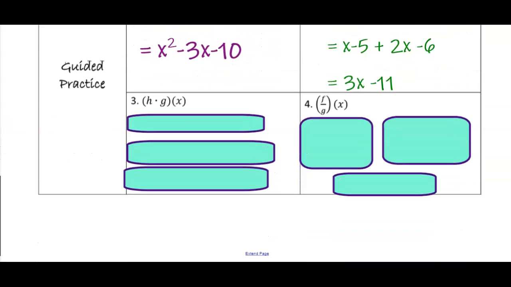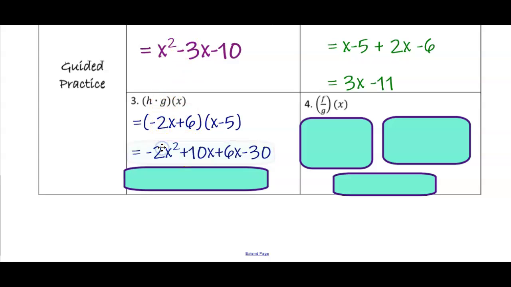Moving down to number 3, it's an example of multiplication. So you're multiplying h of x and g of x. H of x is negative 2x plus 6. G of x is x minus 5. You can do that with FOIL, distributive property, the box method, whichever way you want, but you do need to multiply those all together.